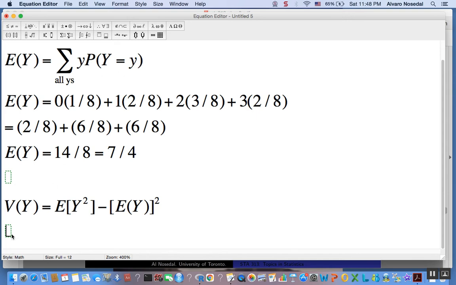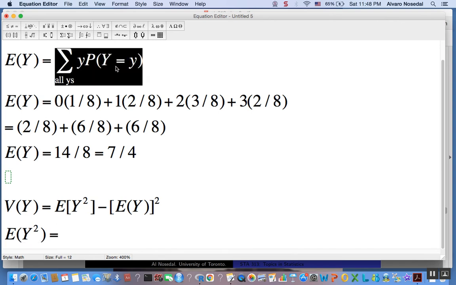So let's find the expected value of y squared. In this case, g would be just y squared.